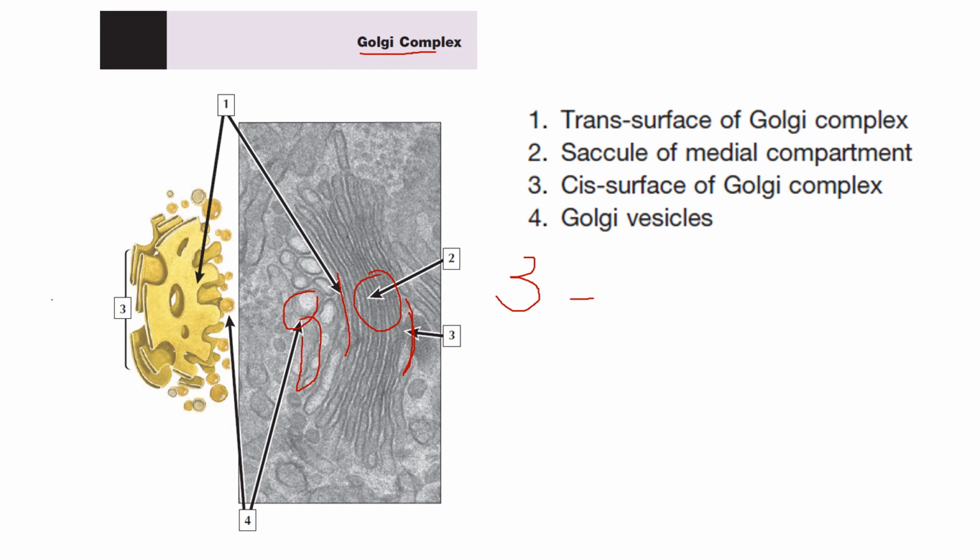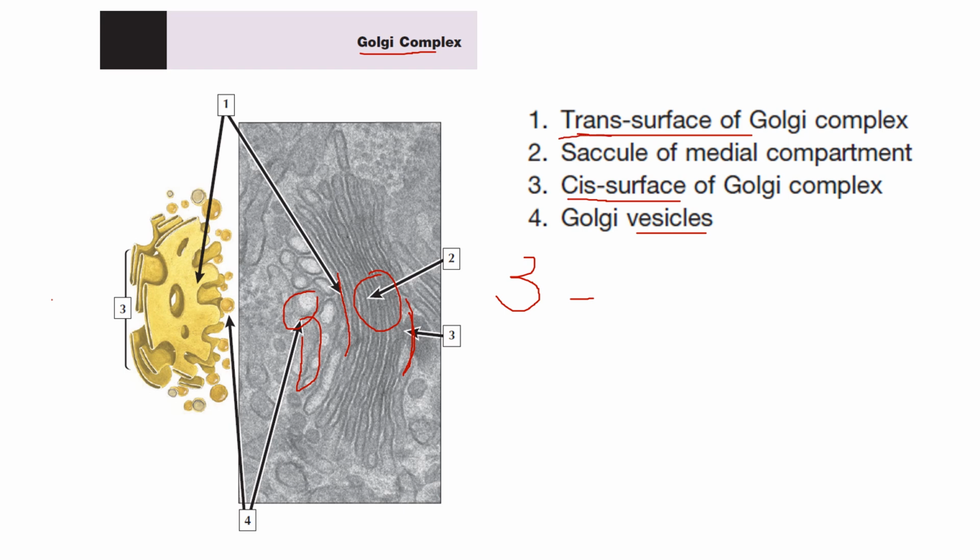There is the cis Golgi network of vesicles on the convex side. There's a medial compartment of sacs of flattened saccules, also known as vesicles. And on the concave side, a trans-Golgi network of vesicles and vacuoles for distribution and sorting of secretory products.